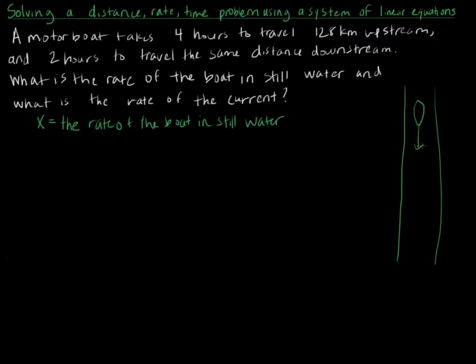That's however fast the boat is propelling itself. But there's also a current that's propelling all the water. So let's call that y. That is the rate of the current.